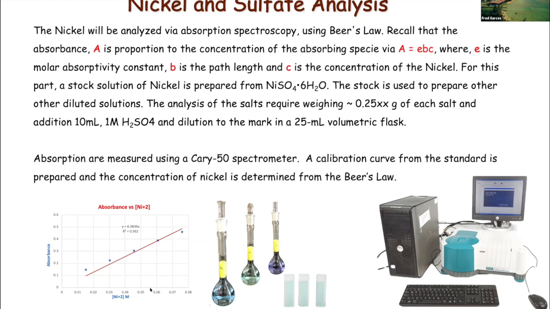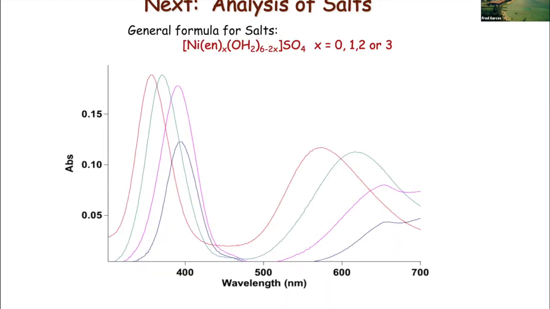So that video is not quite up, but that's the idea for the nickel analysis. You're using absorption spectrophotometer analysis to get the concentration of the nickel for the sample that you have.